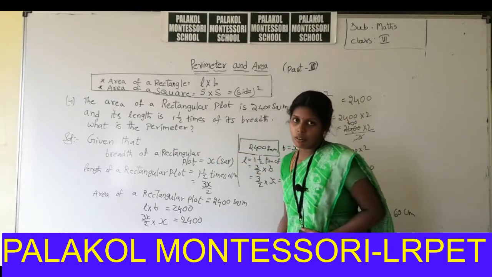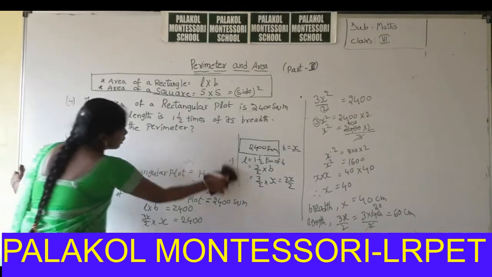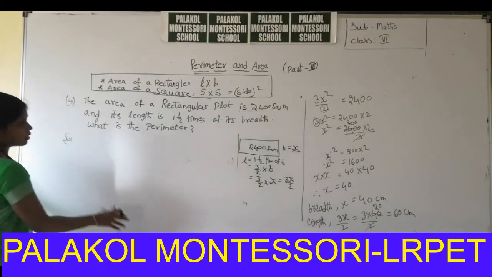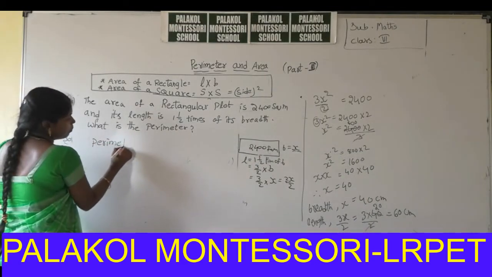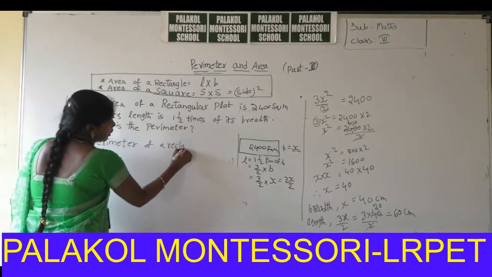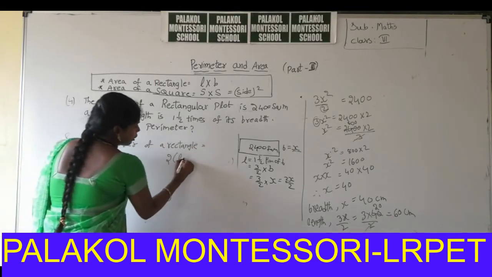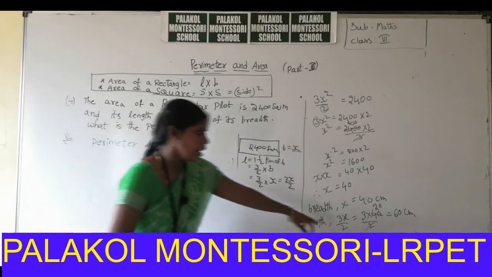Next we are going to find the perimeter. The perimeter of a rectangle is equal to, what is the formula? 2 into bracket of L plus B. So 2 into, what is the length?